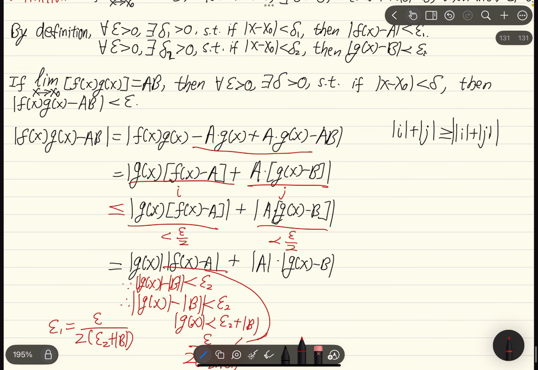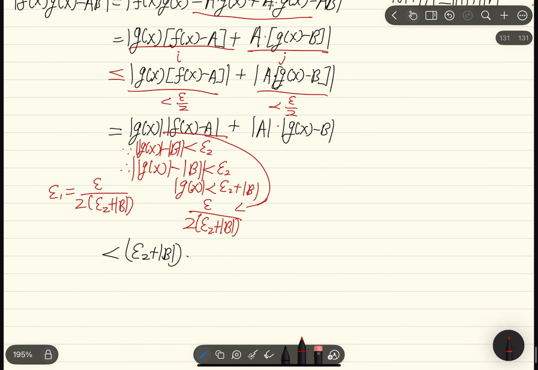Because this condition works for all epsilon 1, it should also work if epsilon 1 is this value. So we have this times this, and if we cross this out, then we get epsilon over 2.